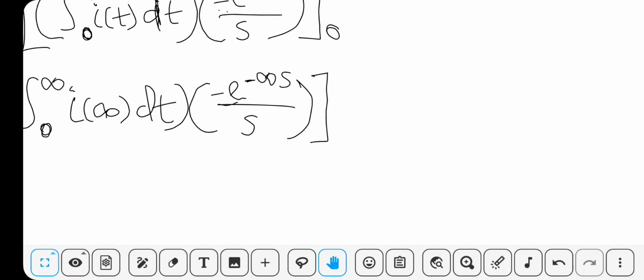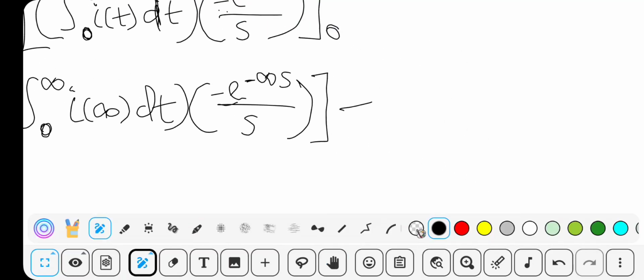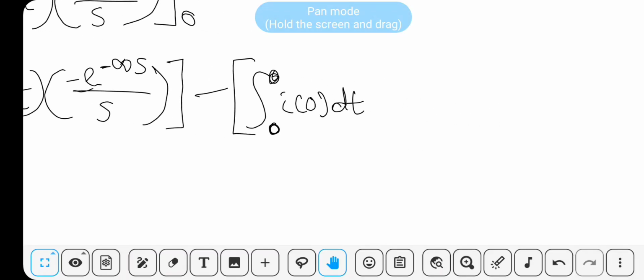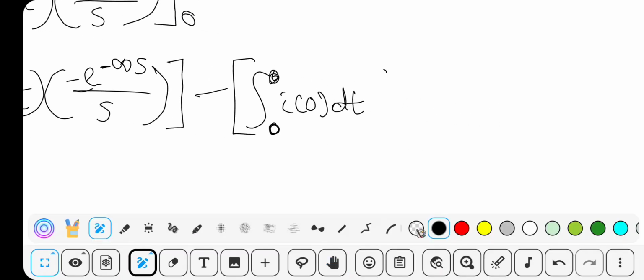That's for the upper limit. Now the lower limit, you have this integral from 0 to 0 of i(t) dt, and then minus e^(-0), because 0 times s is 0.